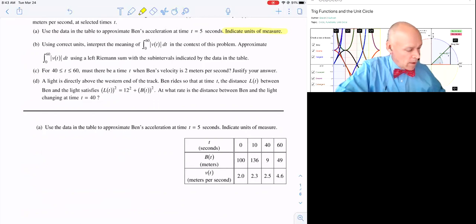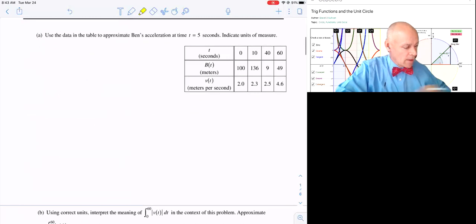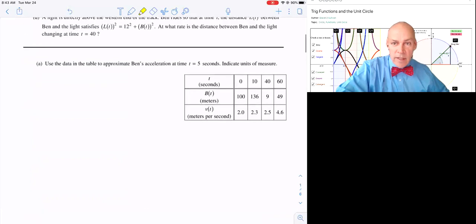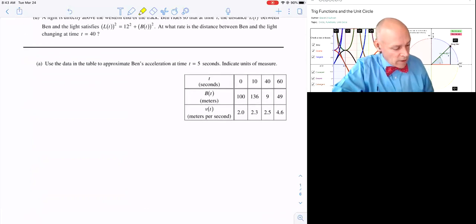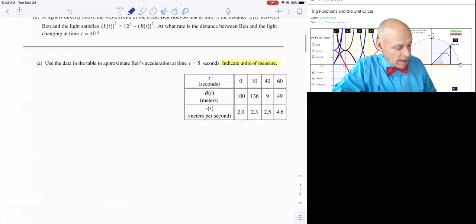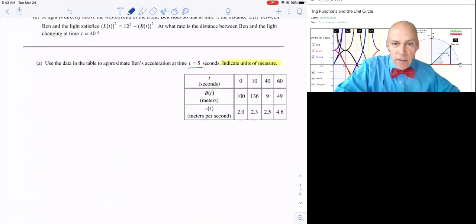Well, part A asks us to use the data in the table to approximate Ben's acceleration at time t equals 5 seconds, and to indicate the units of measure. So they're really asking us to approximate the instantaneous rate of change of velocity, which would be acceleration, at time 5.